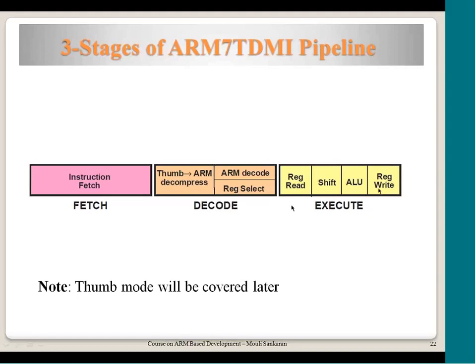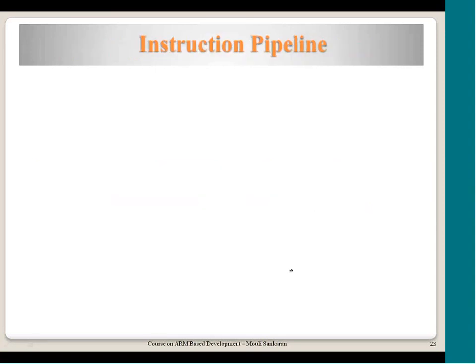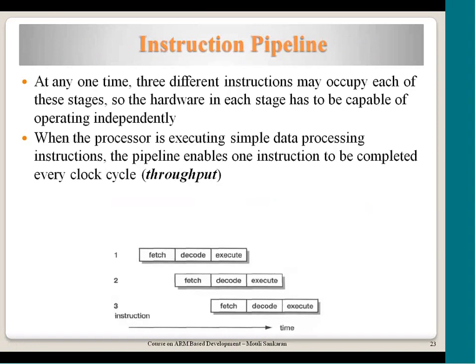This all happens in one cycle, as I explained through the 2-phase non-overlapping clock cycle of ARM. So this is the operation done in each stage. This thumb instruction, please defer it, we will cover it later.